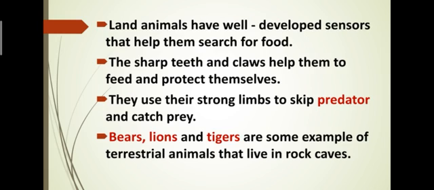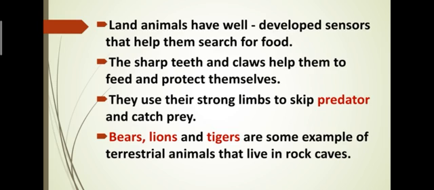Land animals are strong enough to search for their food with the help of their well developed senses, like smelling, eyesight, feel, etc. Land animals who depend on other animals for food use their sharp teeth and claws.